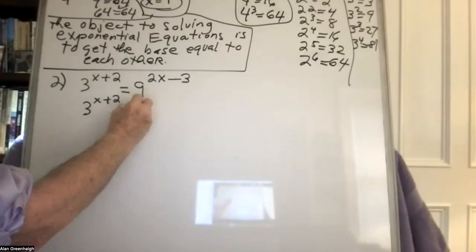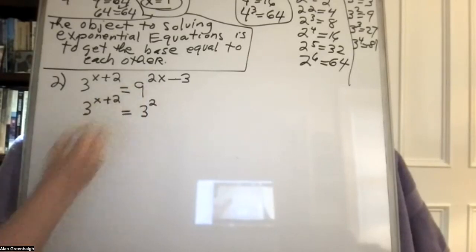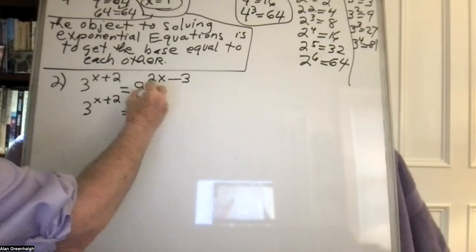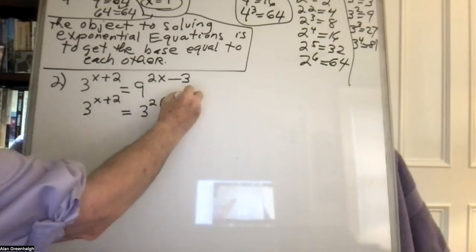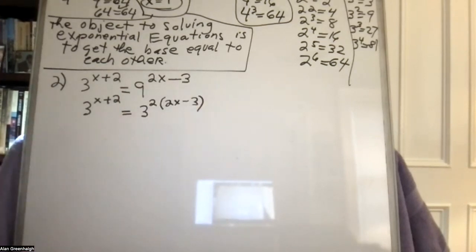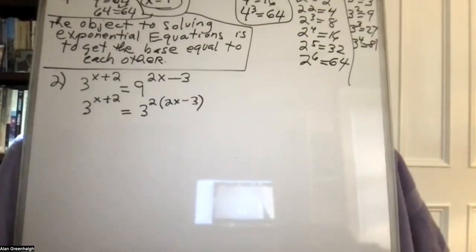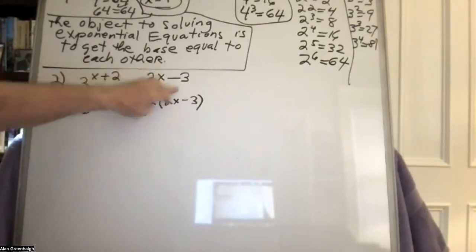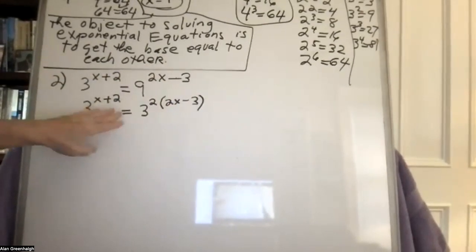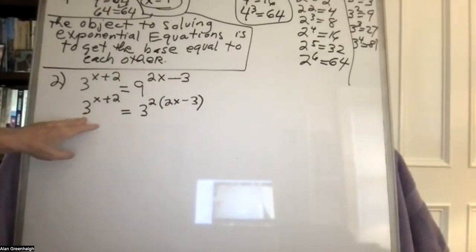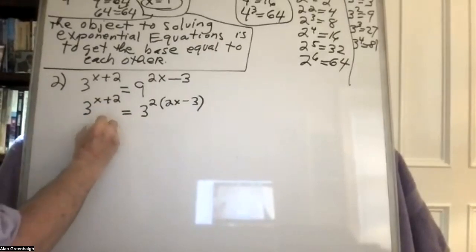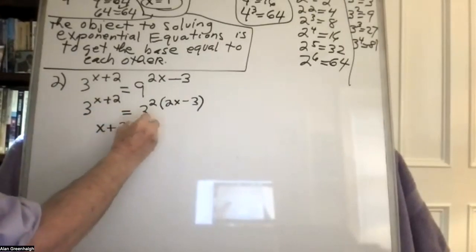And then 9 is equal to 3 to the second. Right? So that takes care of the 9 part. But then you have to remember that it's not just a 9, it's also the 2x minus 3 that has to be taken into account. So the 9 becomes 3 to the second, and then the 2x minus 3 goes up there. And now, once you have the bases the same, then you can set the exponents equal to each other.